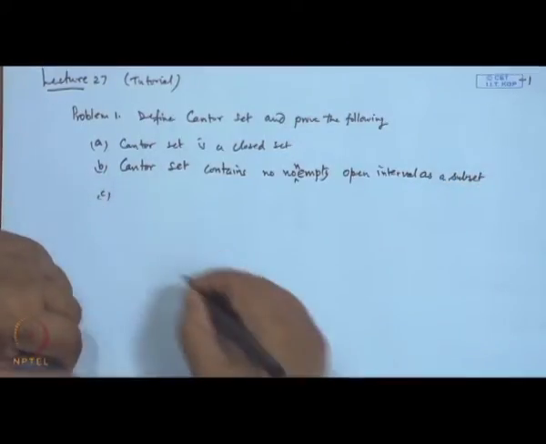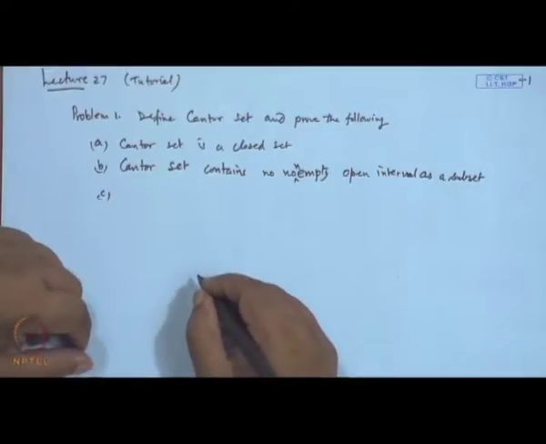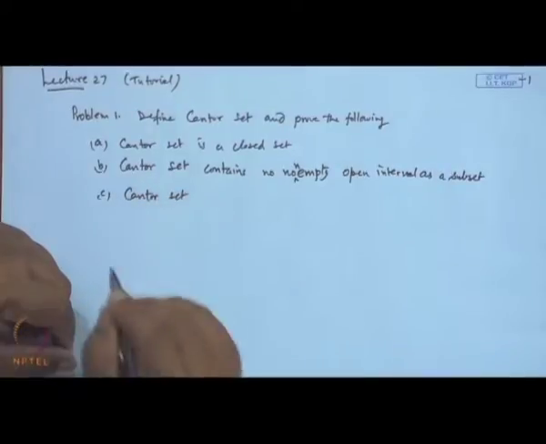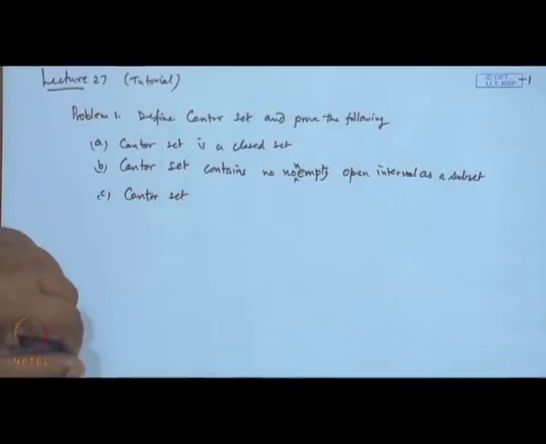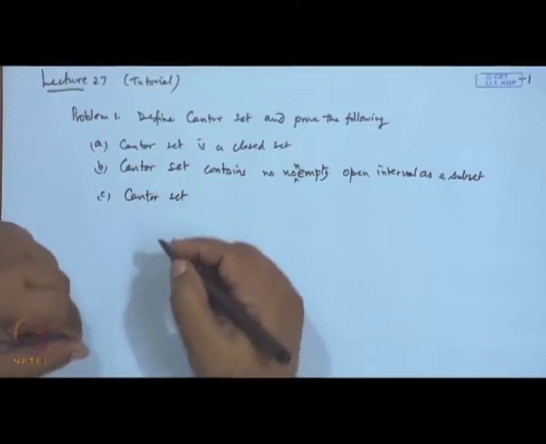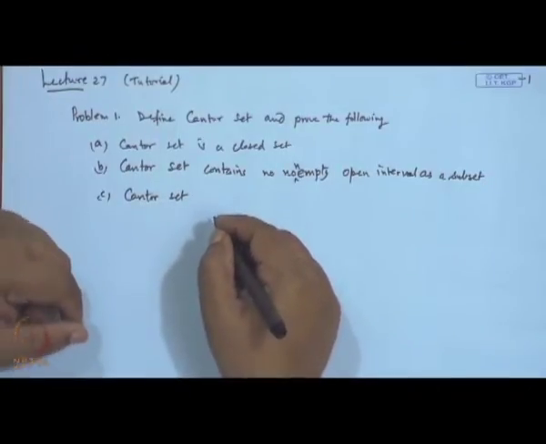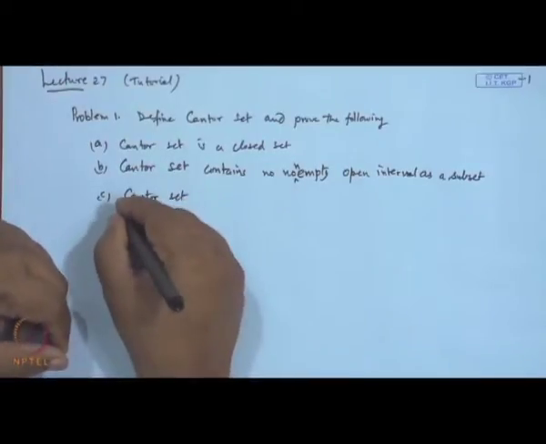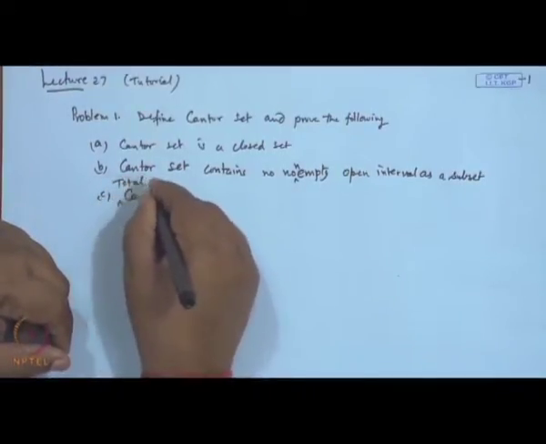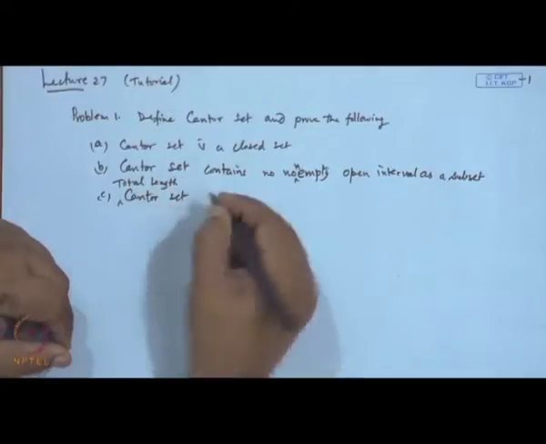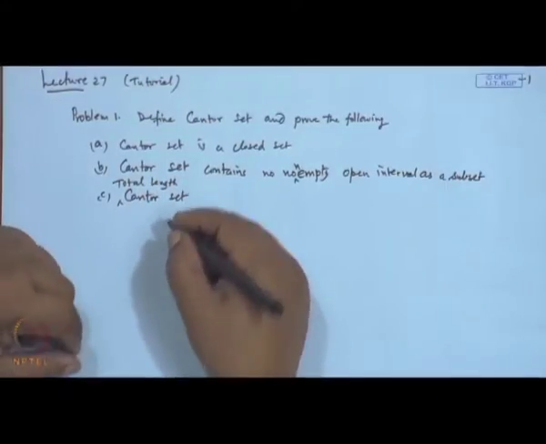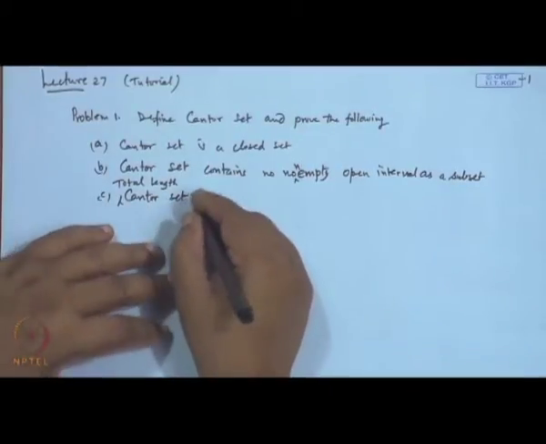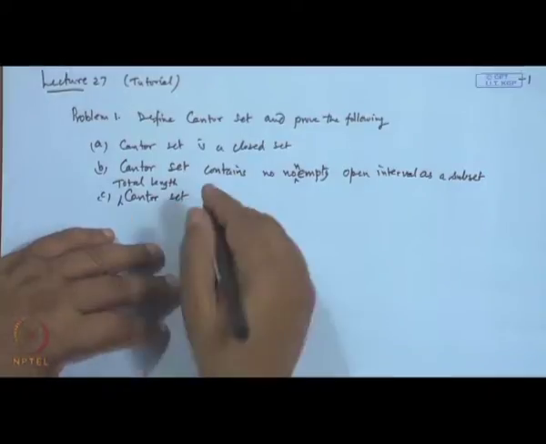As the third point, we want to prove that the Cantor set is an uncountable set. And the total length of the Cantor set is 0.